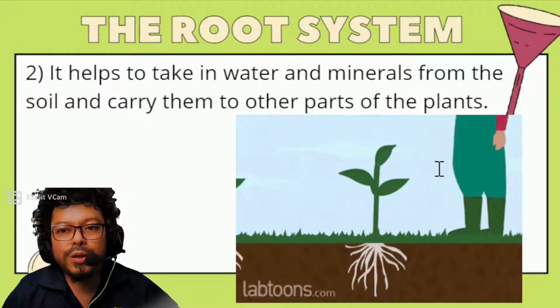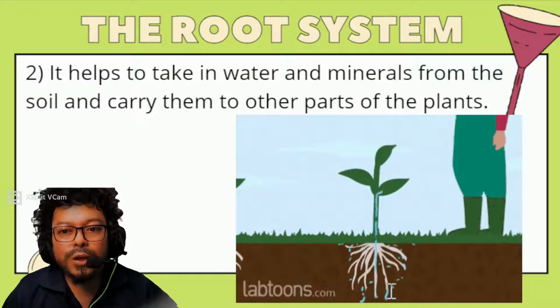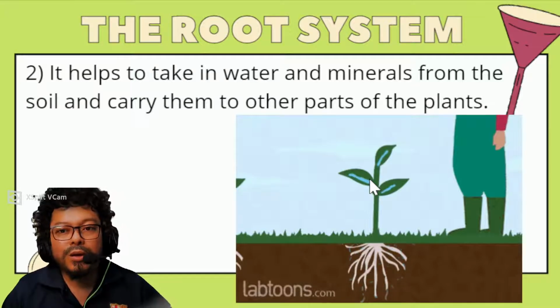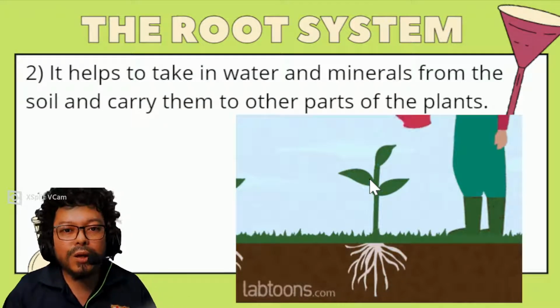This person waters the plant, and the water in the soil with minerals will go inside the roots and be sent up to all parts of the plant, maybe leaves, flowers or fruits.